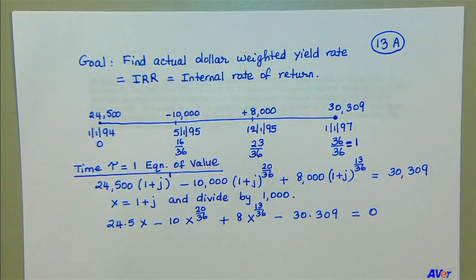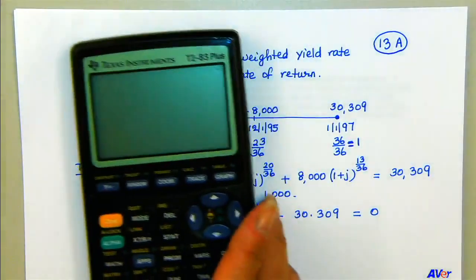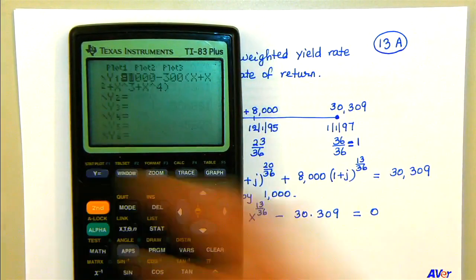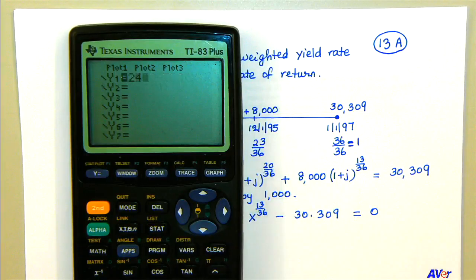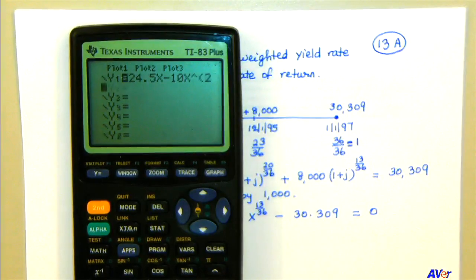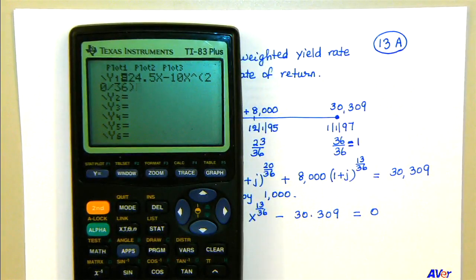Let me get my calculator out. So y equals 24.5x minus 10x raised to the 20 over 36 plus 8x raised to the 13 divided by 36 minus 33.009.